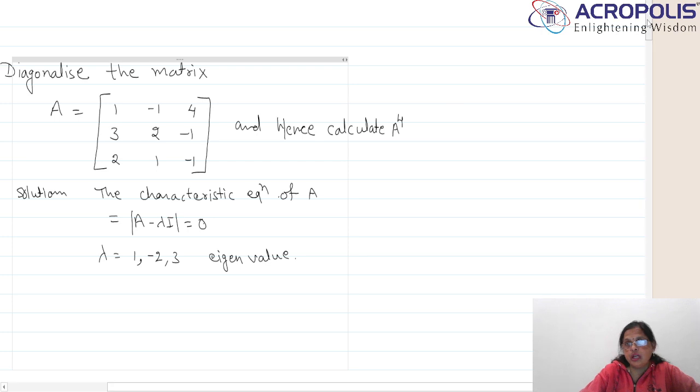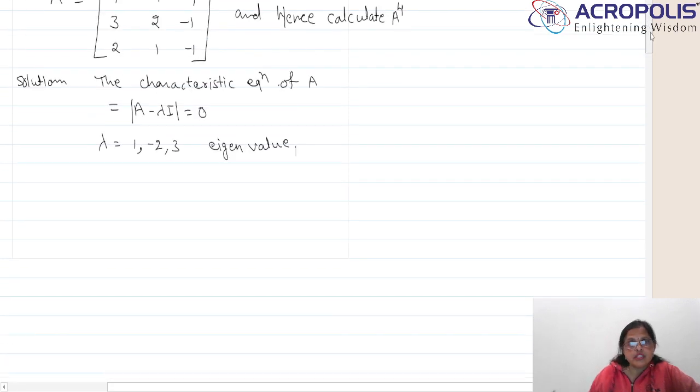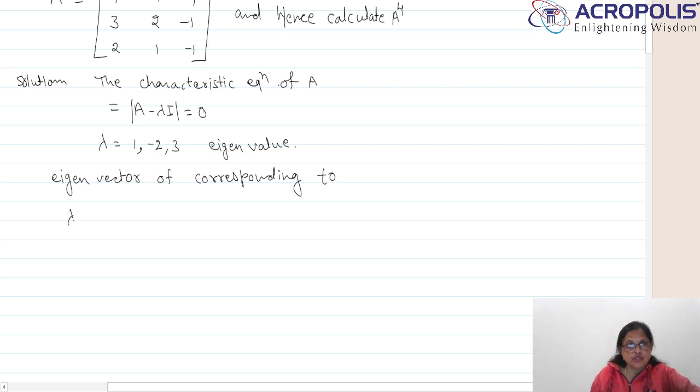Now, the eigenvectors. The eigenvector corresponding to lambda equal to 1 is minus 1, 4, 1.